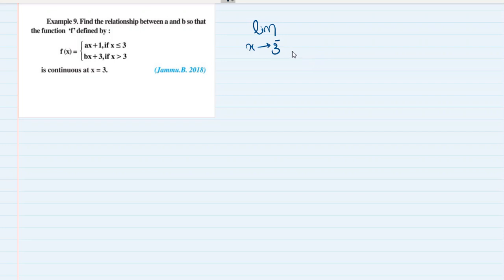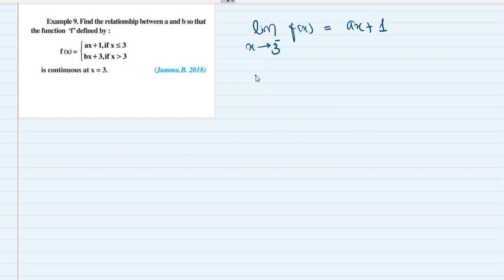that is, from the numbers which are smaller than 3. If we approach x from the numbers which are smaller than 3, the value of this function becomes ax plus 1. So f of x is equal to ax plus 1. But we want to find the exact value, not in terms of x.